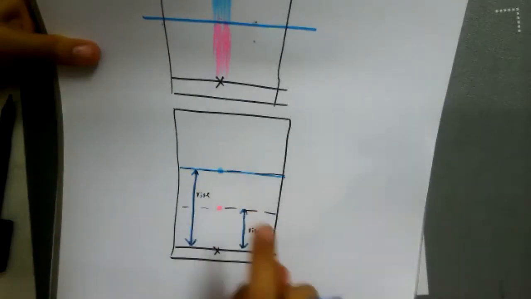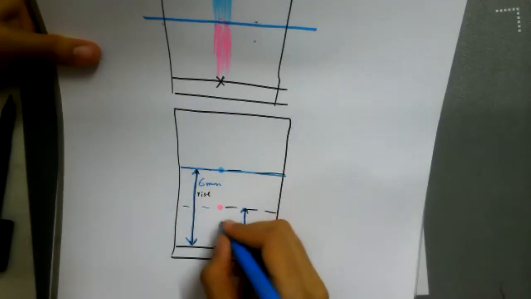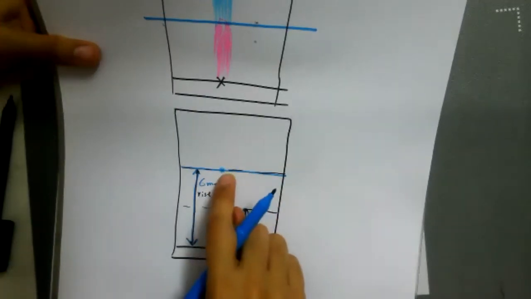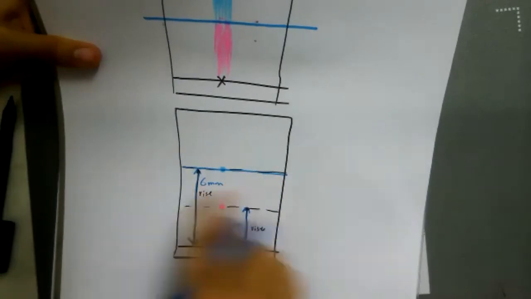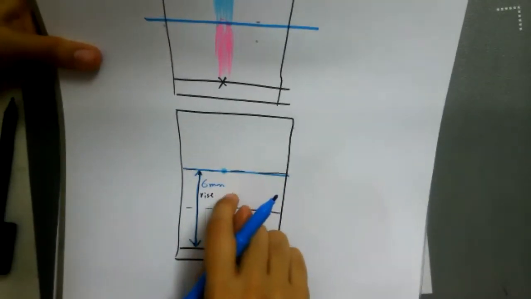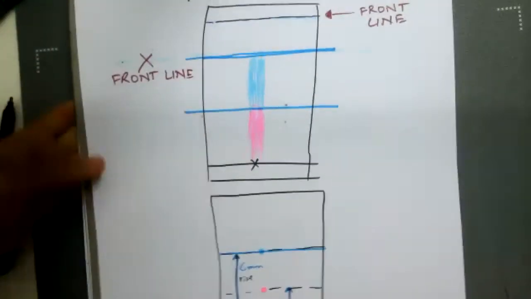So if I say that this blue dye has a rise of 6 millimeters, and this has a rise of 3 millimeters, this substance will be the only one with a rise of 6 millimeters, and this is called the RF value. I'm going to explain more about it later on.